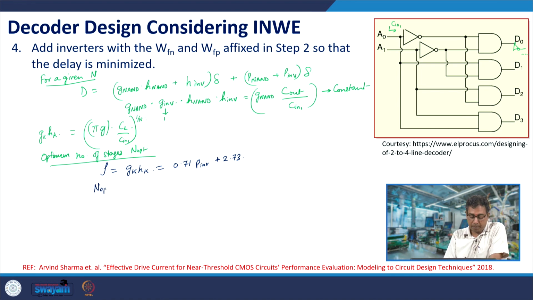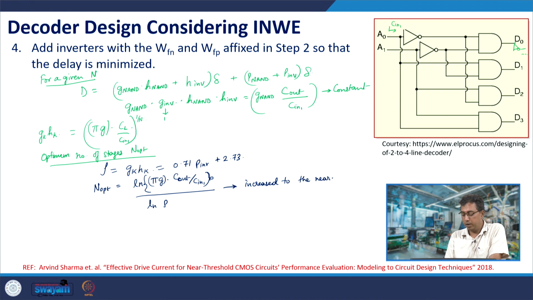Therefore, the optimum number of stages is given by the natural logarithm of pi g into C out by C in 1, divided by the natural logarithm of rho. This should be increased to the nearest integer.